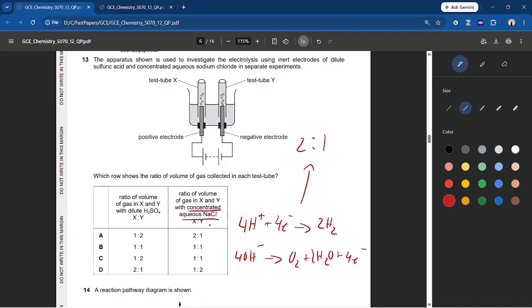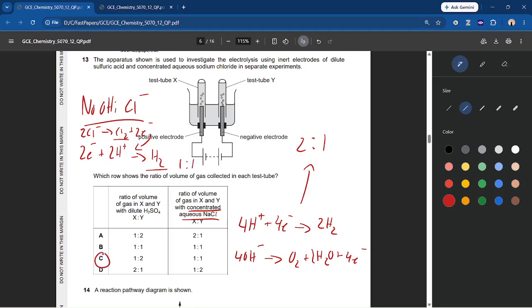And because you're dealing with concentrated aqueous sodium chloride, instead of OH minus being liberated, it's going to be Cl minus. So again, you're going to have 2 electrons plus 2H plus giving H2. And these 2 electrons come from the electrolysis of 2Cl minus to give Cl2 plus 2e minus. So Cl2 to H2 is 1:1, and this is 2:1. So this answer will be C.